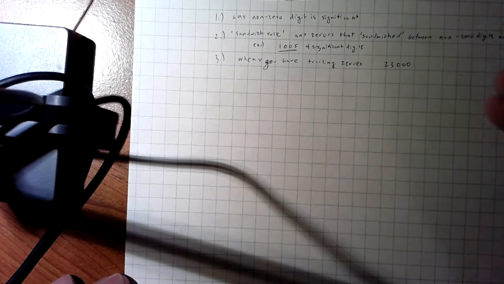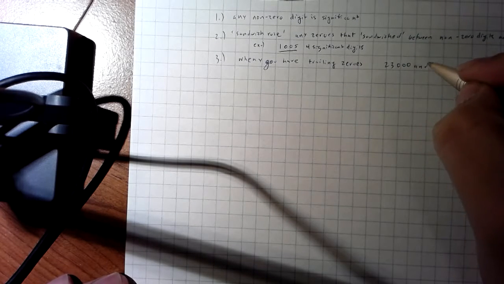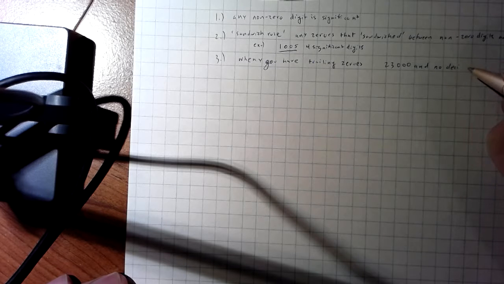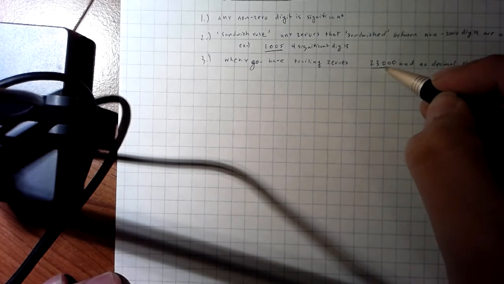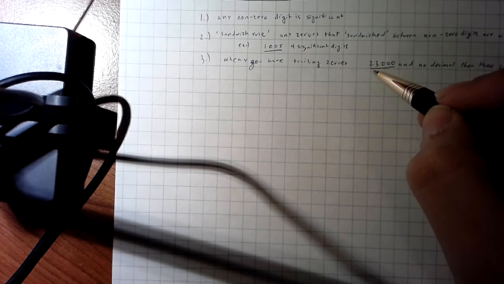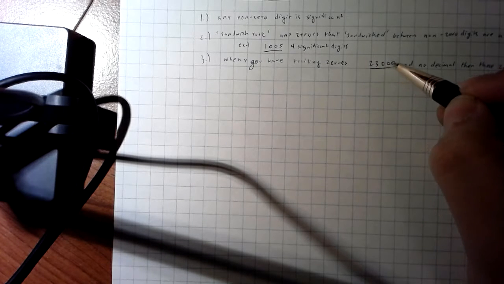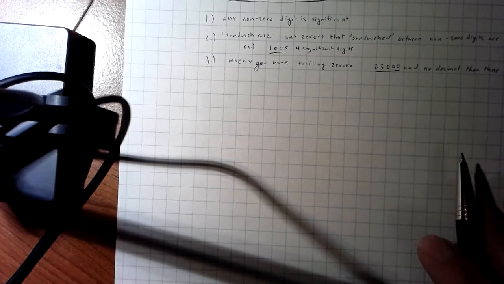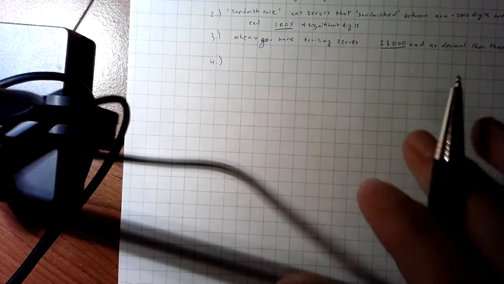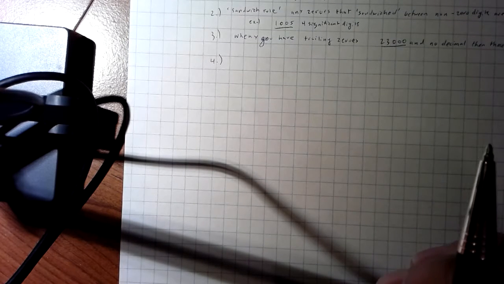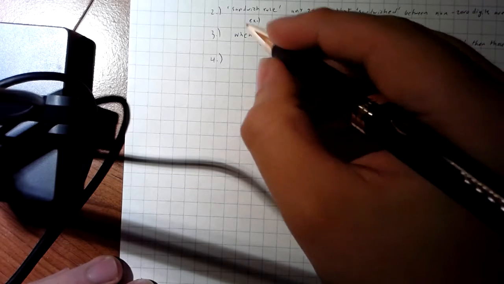When you have trailing zeros and no decimal, then those zeros are not significant. So the example I wrote here, 23,000, would only have 2 significant digits. These trailing zeros don't count. However, in the next rule, we're going to see how when you have a decimal, those trailing zeros become significant. So let's talk about that.